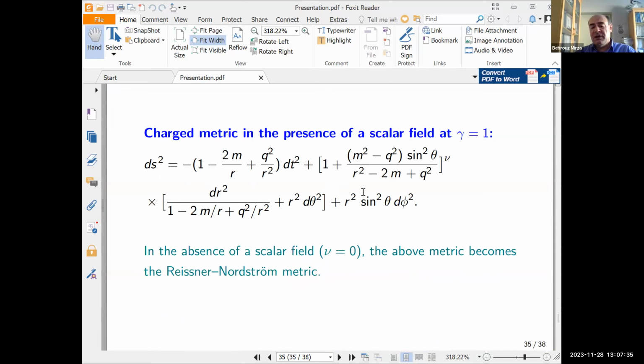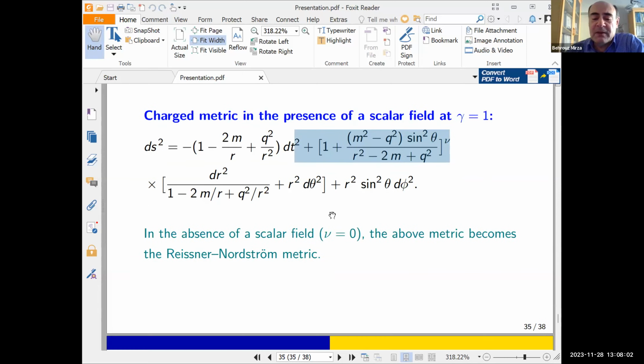As you see in here, the only difference is this part that is related to the scalar field, and the other parts are exactly similar to the Reissner-Nordstrom solution. This is very interesting that in this case, we have found a very simple solution at gamma equal to 1, and only one other parameter nu gives us this new solution.